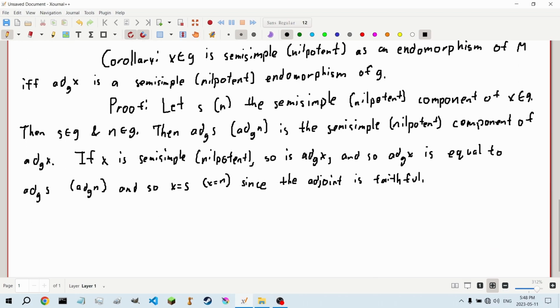This motivates the following definition. Let G be a semisimple Lie algebra.